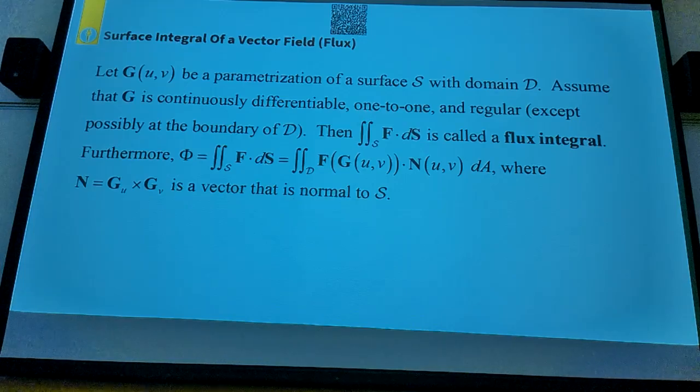Evaluate F, your vector field along G. Dot it with your normal vector, dA. Again, typically G sub U cross G sub V or G sub V cross G sub U, depending on orientation. This is where orientation of your surface matters.